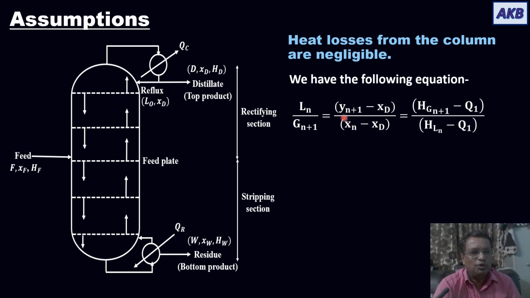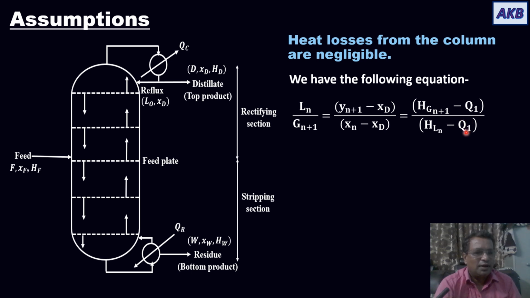yn+1 is the mole fraction of A in the vapor that has flow rate Gn+1. Accordingly, xD is the mole fraction of the more volatile component, in this case A, in the distillate. xn is the mole fraction of A in the liquid leaving the nth tray. HGn+1 is the molar enthalpy, or enthalpy per unit mole, of vapors leaving the n+1 tray.